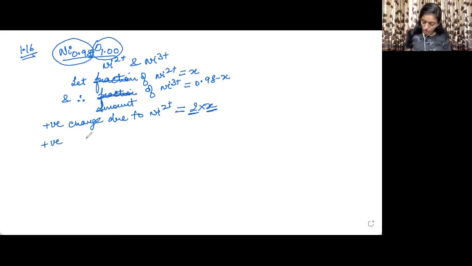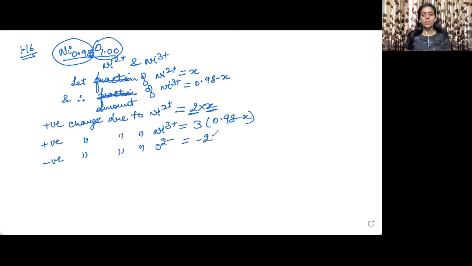Positive charge due to Ni plus 3, that is 3 positive, will be equal to 3 multiplied by 0.98 minus x. Now, the total negative charge due to O2 negative, because oxide ions are there, will be equal to minus 2. So the total negative charge is minus 2.